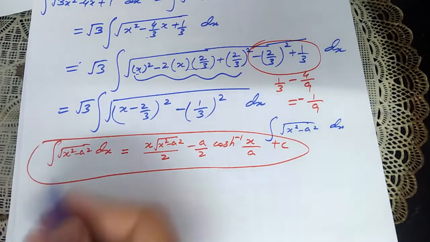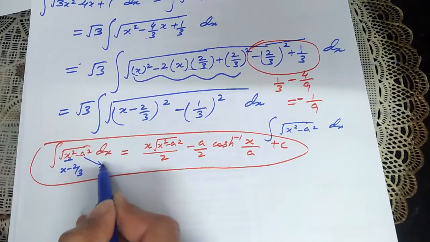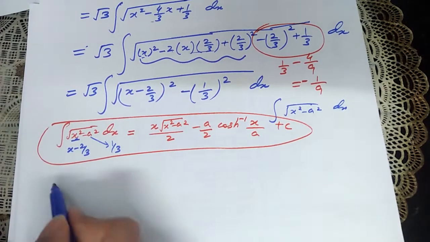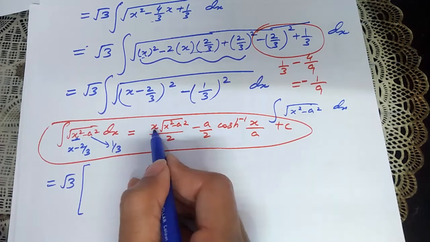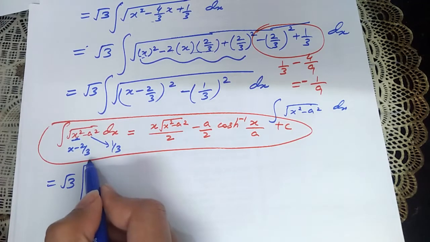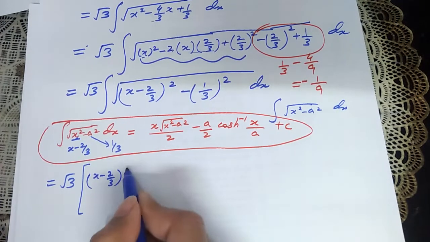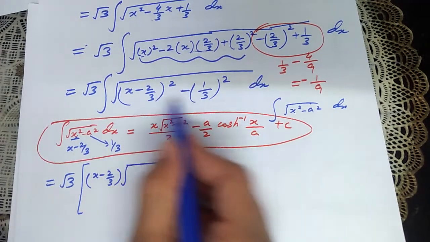Now here in place of x you have x minus 2 over 3 and in place of a you have 1 over 3. Just replace the values. I will get here in my answer under root 3. X now is x minus 2 over 3, so it will become x minus 2 over 3 bracket under root, this x square minus a square, that is the same thing, this one.